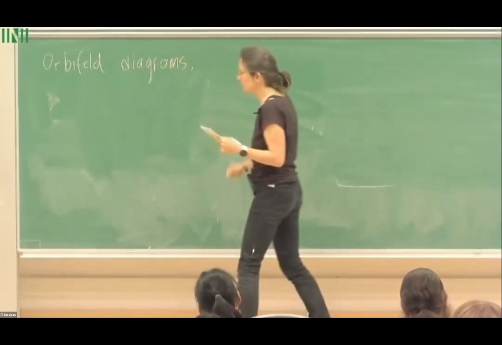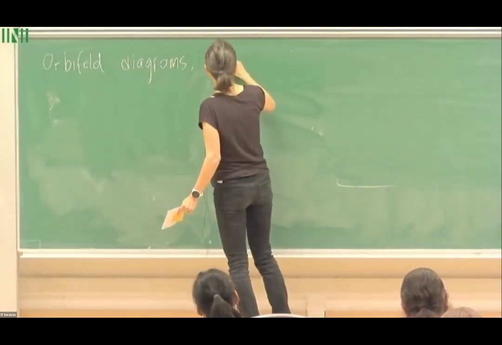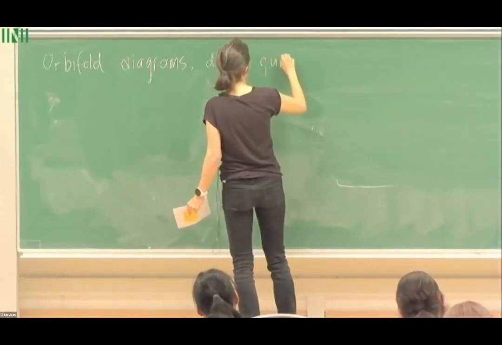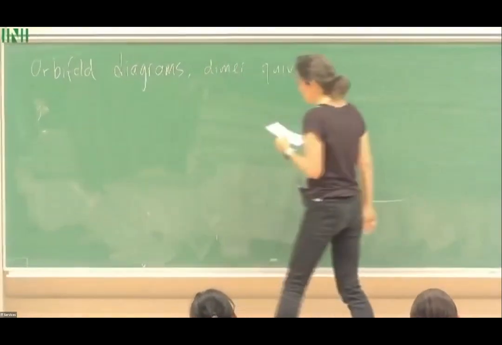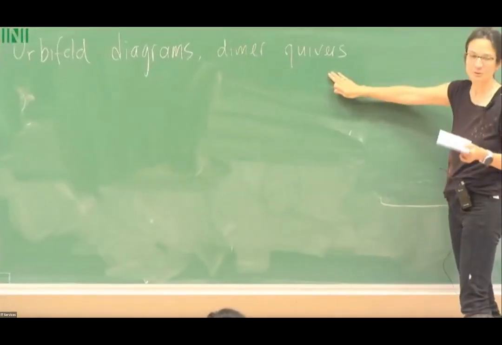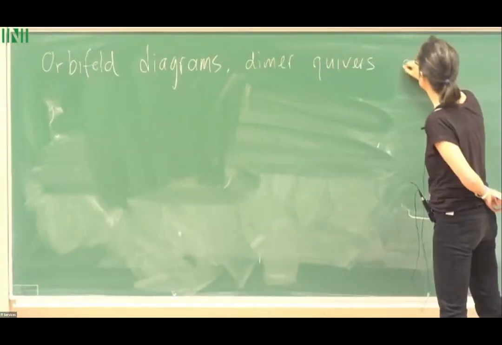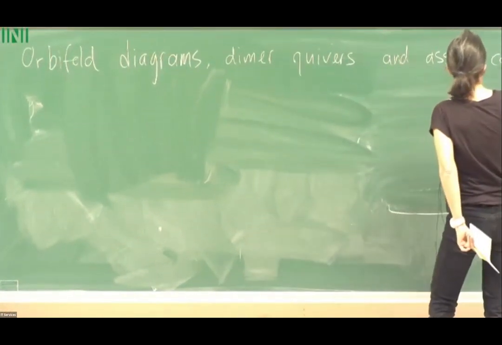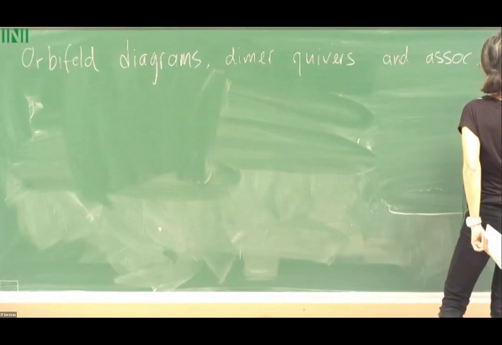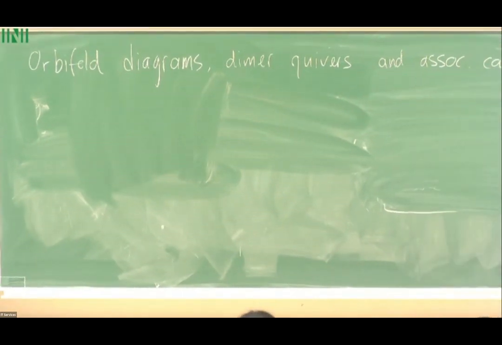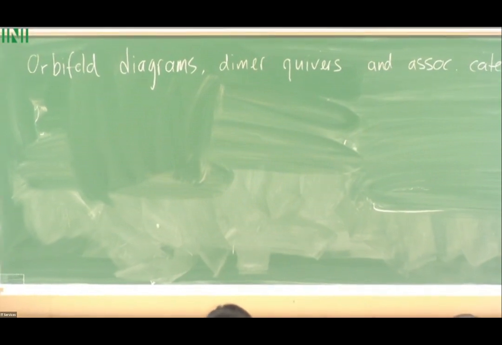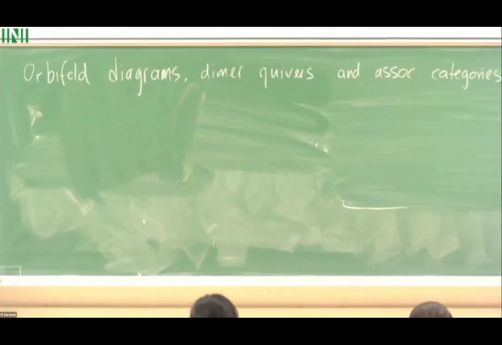I want to talk about orbifold diagrams, associated quivers, and algebras, which for short I call dimer quivers, and associated categories. And that's joint work with Andrea Pasquali and Diego Velasco.